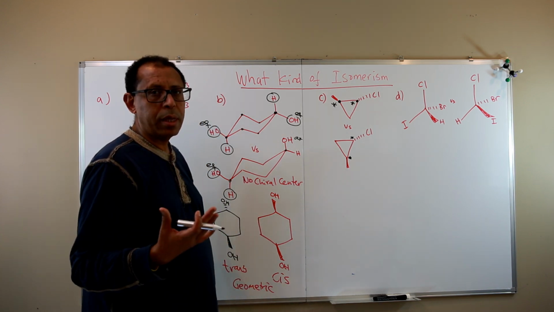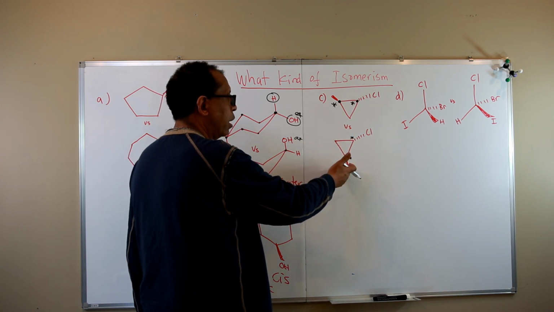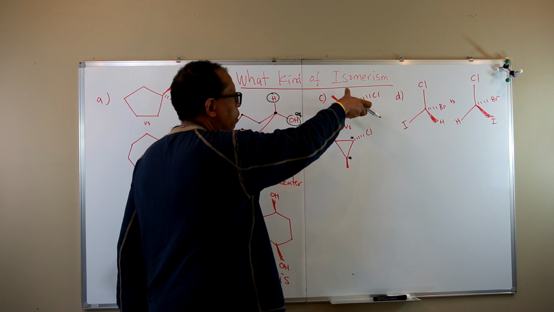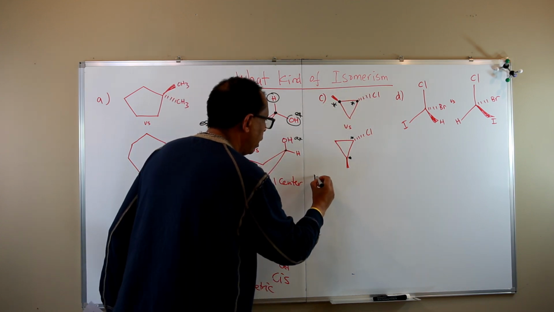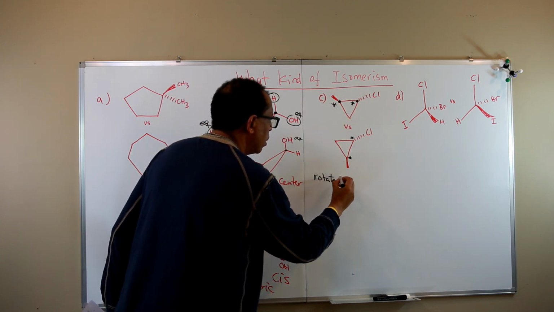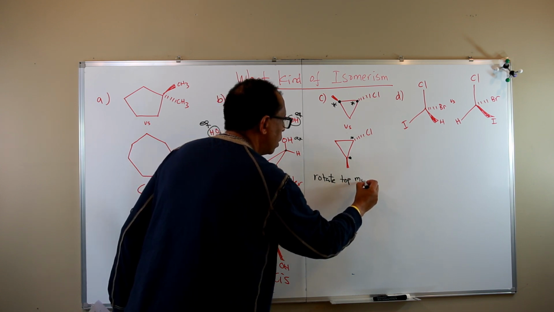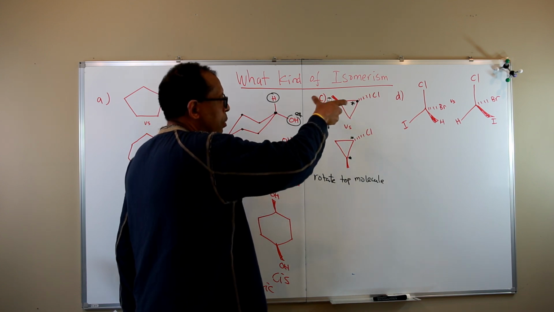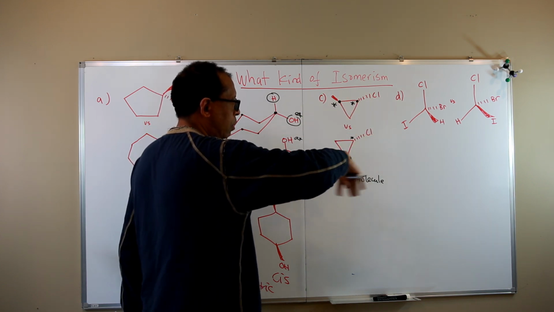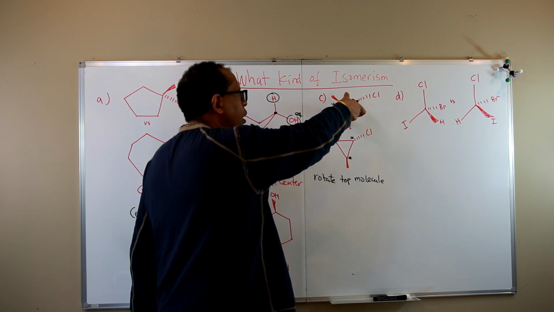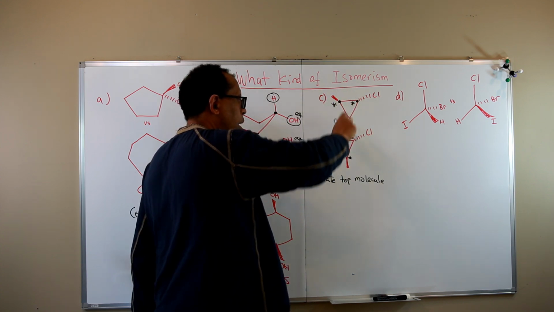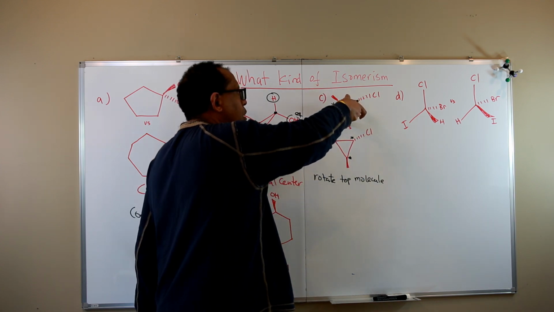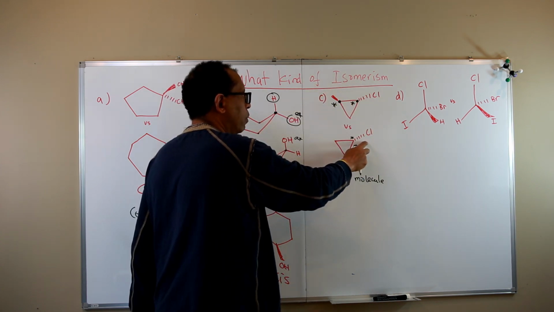Even without knowing assignment of R and S, we are not doing that now, I will just rotate the top molecule to the right. So you just rotate it to the right side, hold this and rotate the whole thing. You'll end up the same thing. You are not lifting it, you are not turning it, just rotation would give you this.